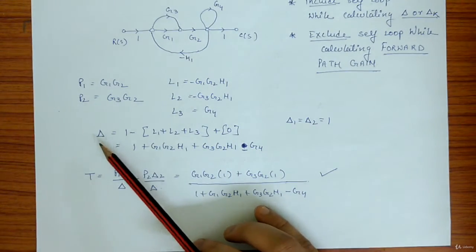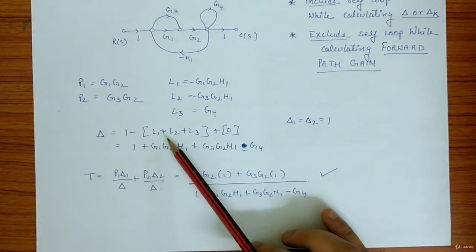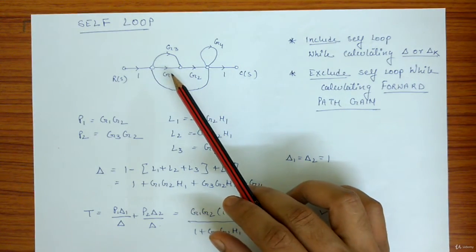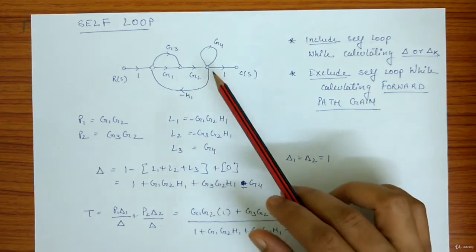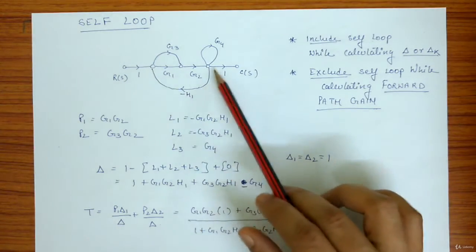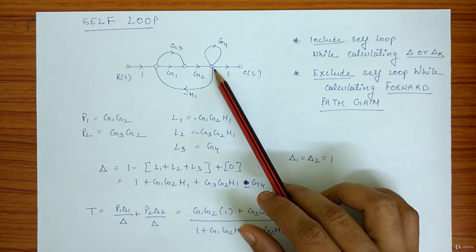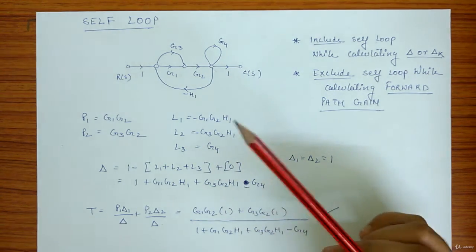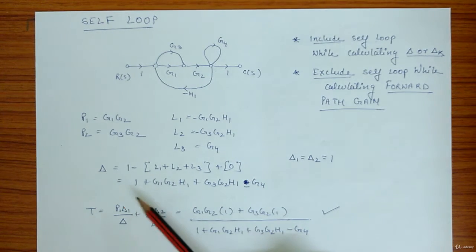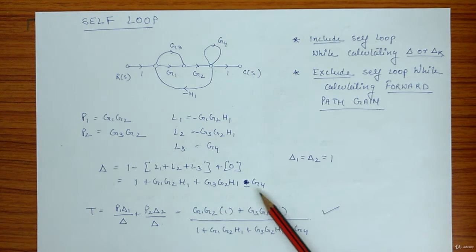Calculate the deltas. You have individual loop gains L1, L2, L3: 1 minus (L1 plus L2 plus L3). Now if you see, there is no non-touching loop because of this node. This is one loop, this is the second loop, and this is the third loop. All three loops have this node in common. That is why they are touching loops, and that is why this term is 0. And finally my delta will be 1 plus G1 G2 H1 plus G3 G2 H1 minus G4.